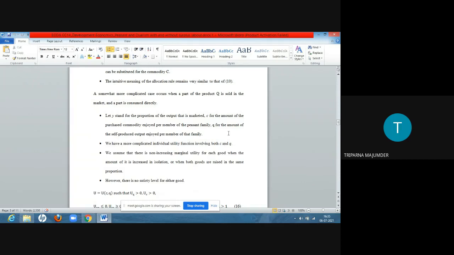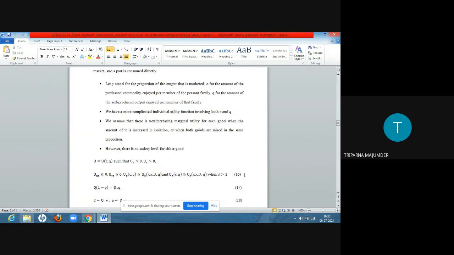That is, they are enjoying their own product and they are purchasing another product from the market. We have a more complicated individual utility function involving both small c and small q.